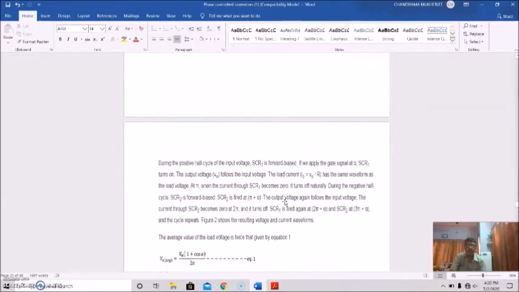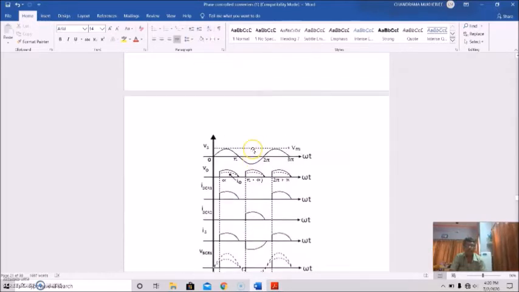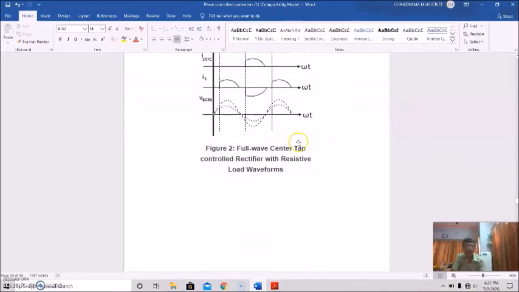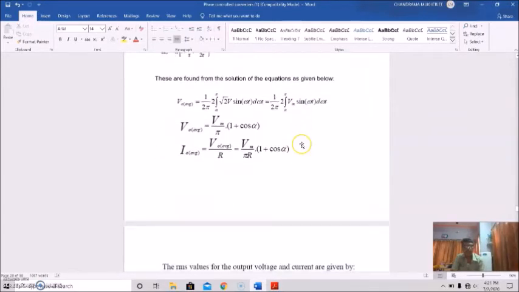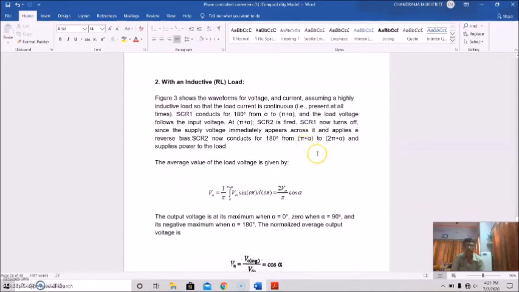The resistor and inductor will be in series, so this load will be replaced by an RL load, or you can say an extra inductance will be added with this resistor to make it an inductive load. Now come to the discussion of this inductive load.